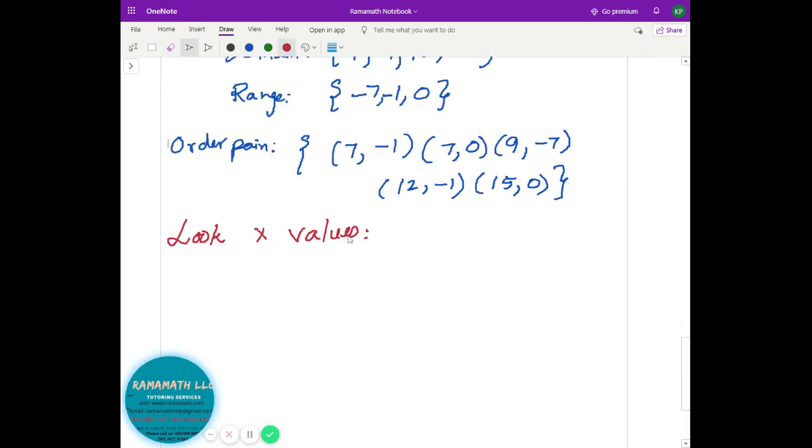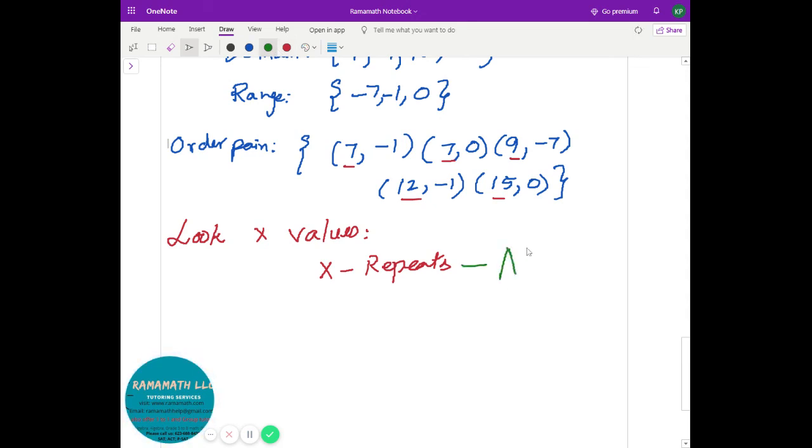So when you look at the x values, are the x values repeating? That's what you need to check carefully. 7, 7, yes, I see that repeating, right? 7 is repeating. I have 7 two times. So when x is repeating, then it is not a function. Okay? If x repeats, then it's not a function.